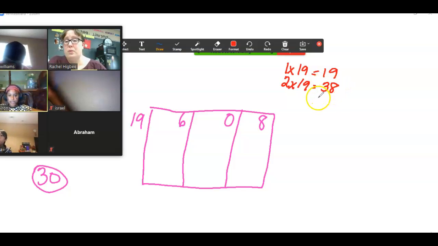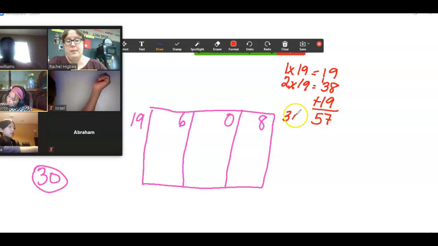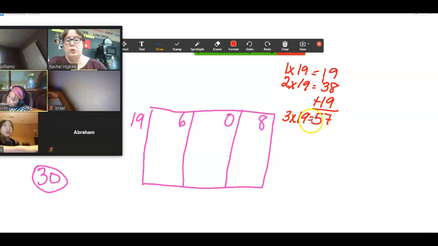If I don't know beyond that, then I have to start doing my list of multiples, okay? So 9 and 8 is 17, and 3 and 4 and 5. So that's 3 times 19. So I can choose to do that all the way down times 9 if I want. Okay, that's one option, the repeated addition option.